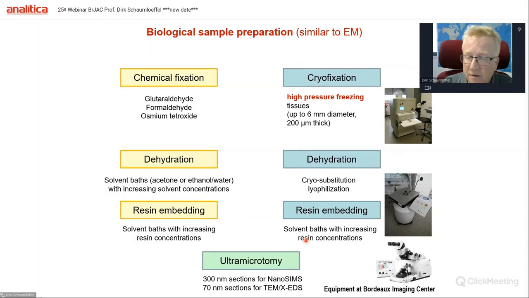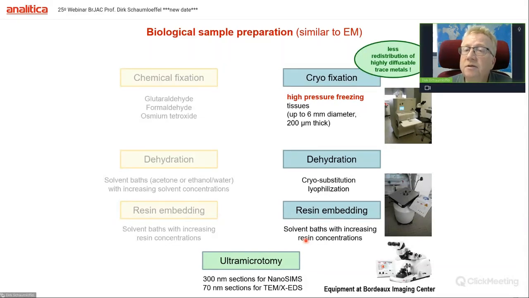At the end, for both ways, it's the same: an ultramicrotome to do sections for NanoSIMS, and in parallel, sections for electron microscopy. So we are collaborating here with the Bordeaux Imaging Center, who have these techniques for cryofixation and cryo preparation.